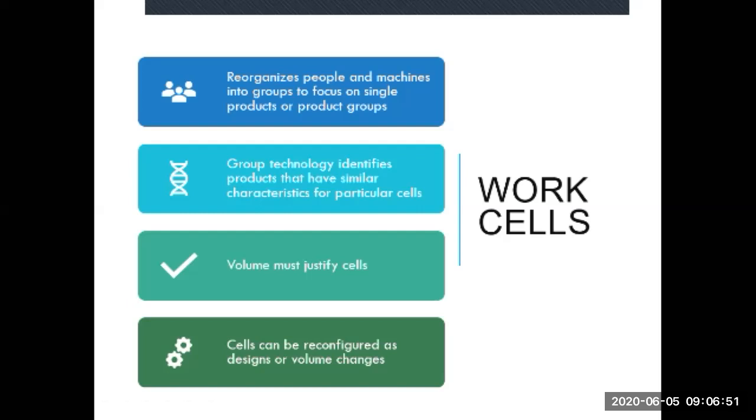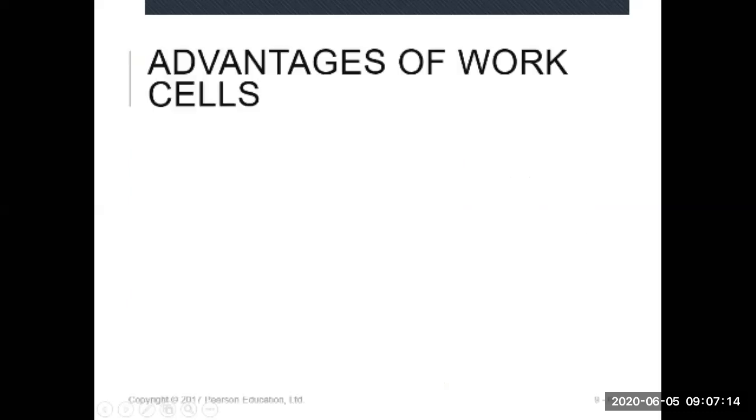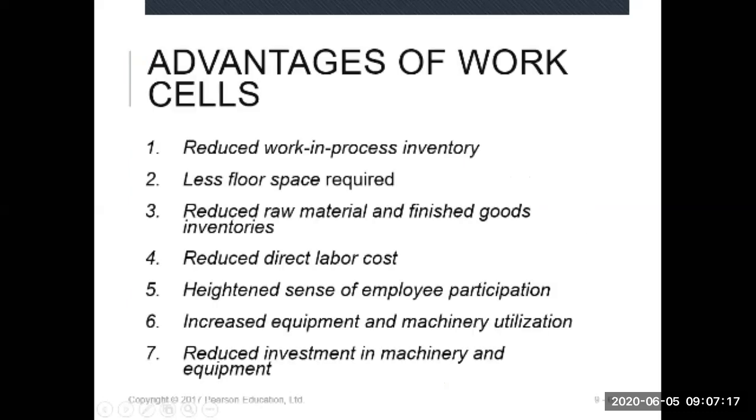Usually we use that when the volume needs a special arrangement, and also needs a special type of machine and equipment. So we arrange it based on the need for specialization. There are a lot of advantages of work cells, because you arrange based on that group of technology.